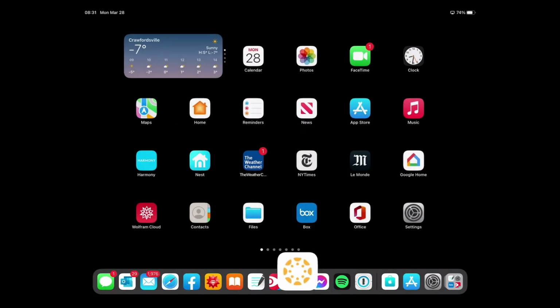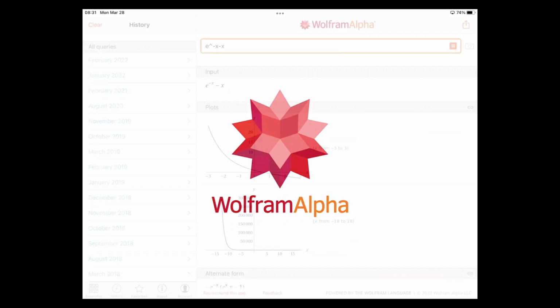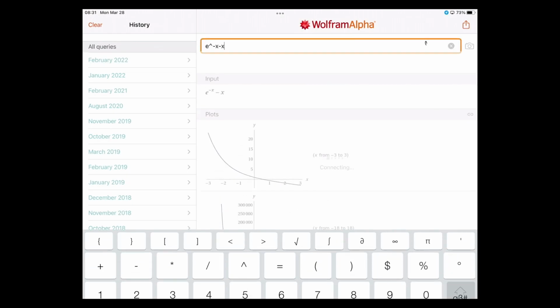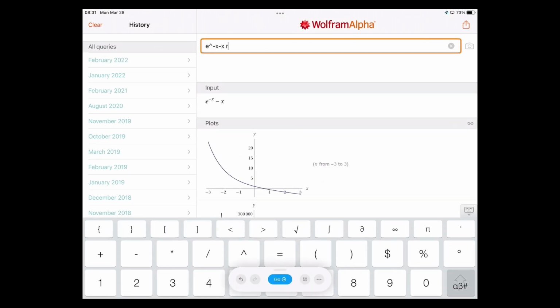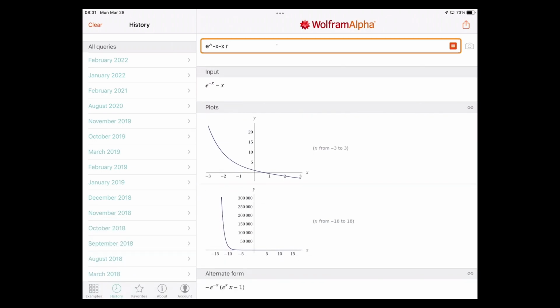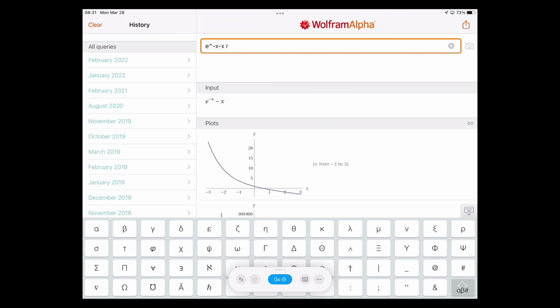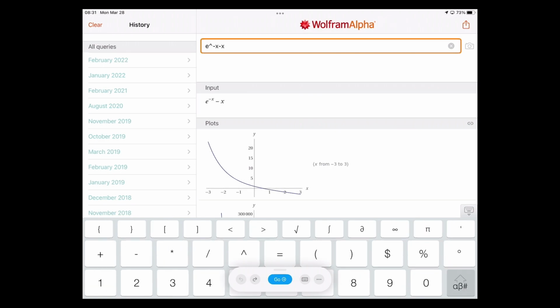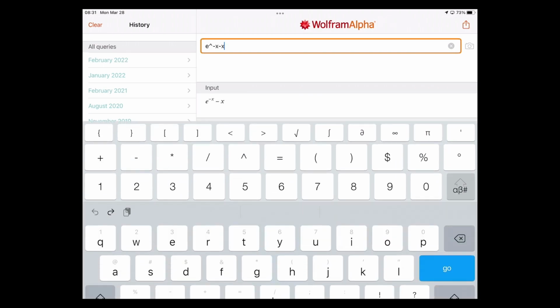Oh, not Canvas. I wanted this one. Where is my English keyboard? Well, it's because it's in symbol mode, but what I'm looking for is a backspace.